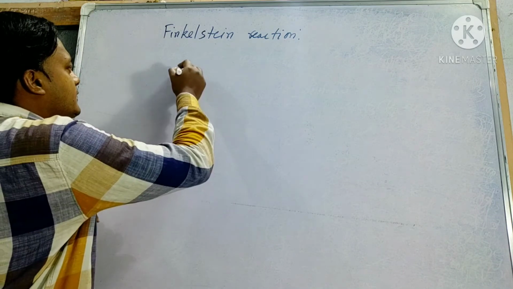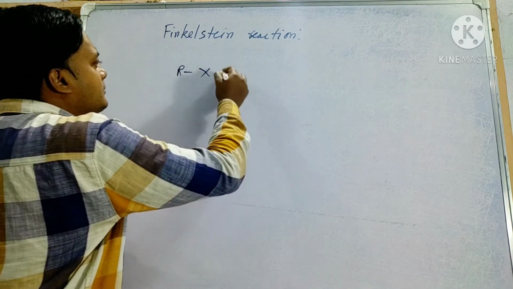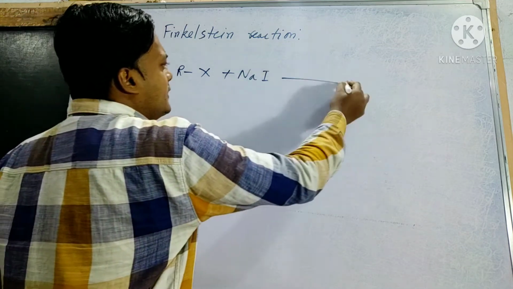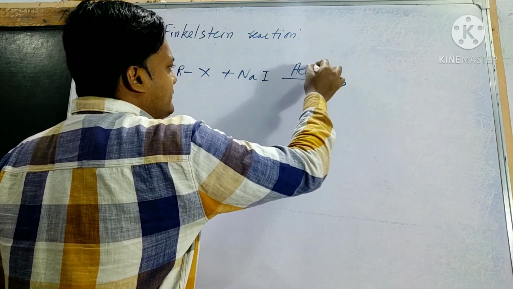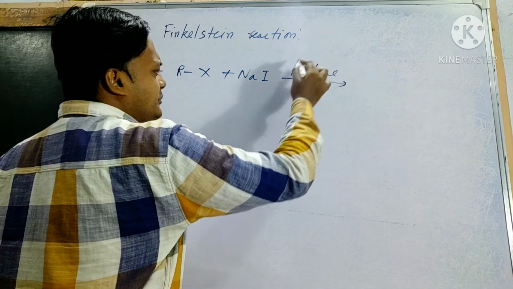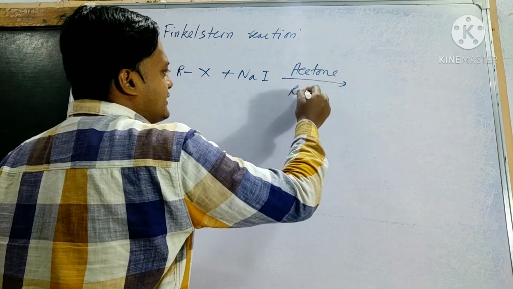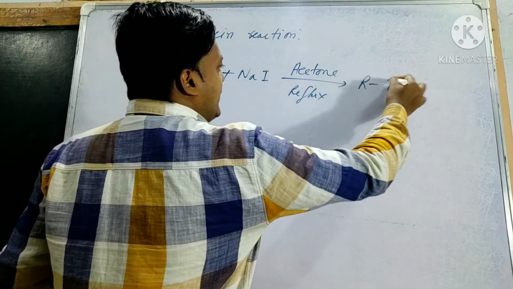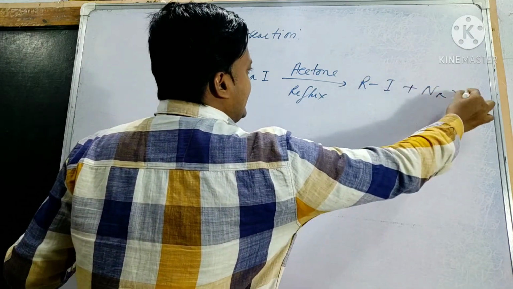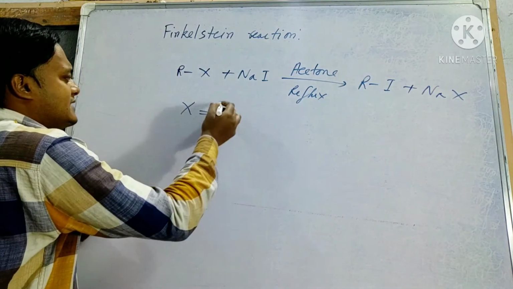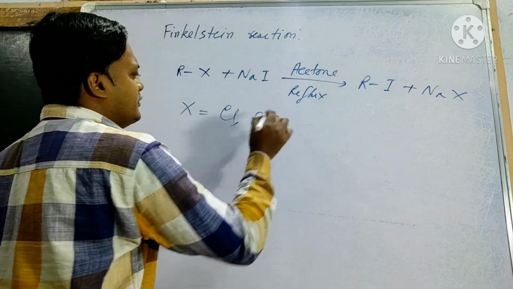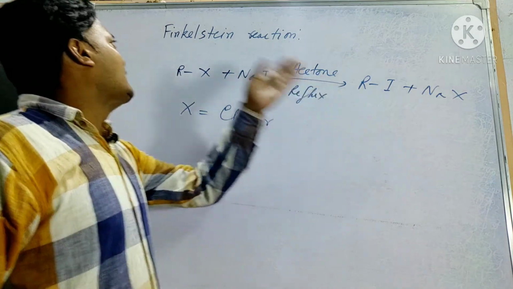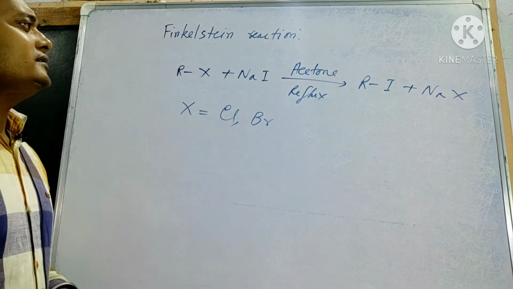So RX plus NaI in acetone medium, that is important, and we have to reflux. We will get RI plus NaX. Now in this case X is chlorine or bromine. So alkyl halide to alkyl iodide, that is Finkelstein reaction.